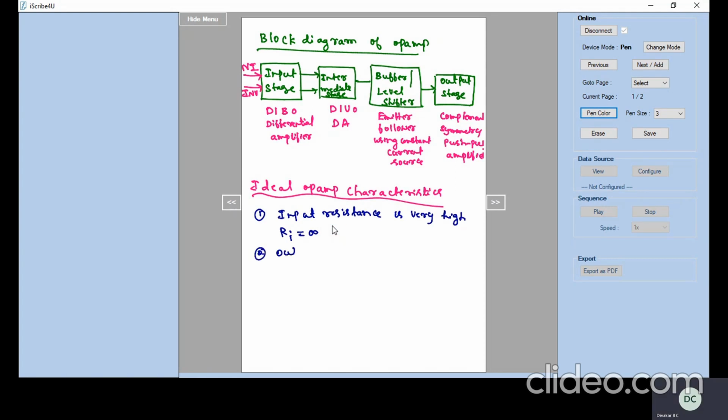Second point, output resistance is very low. Third one, characteristics do not drift with respect to temperature.